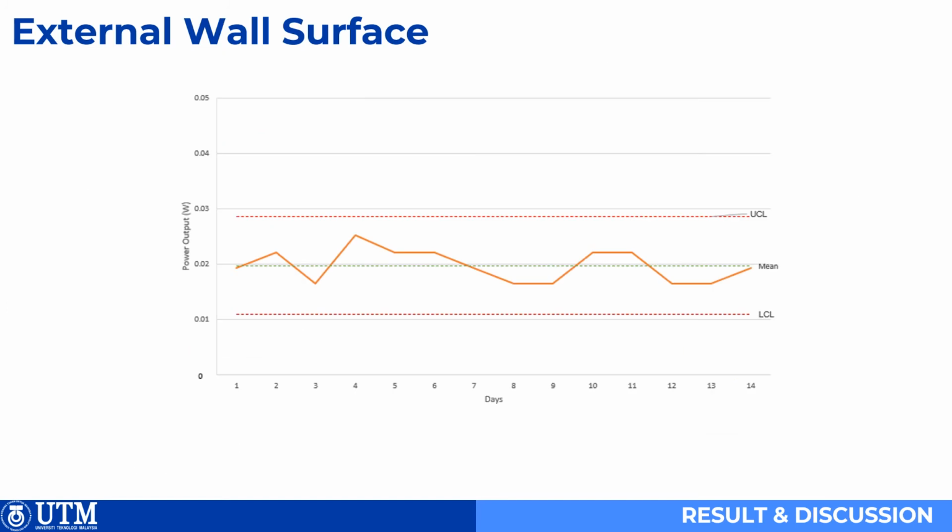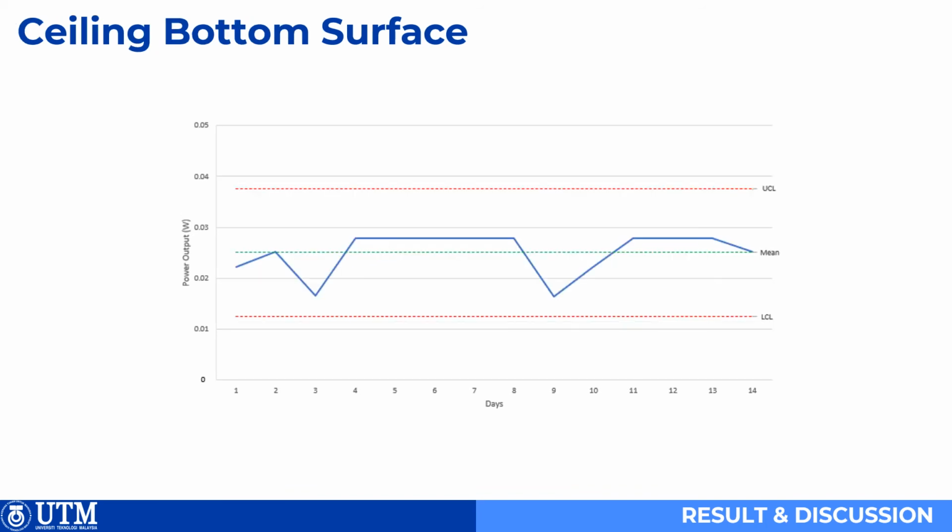At the external wall surface, the output power generated throughout 14 days has a mean value of 0.02 watts and a standard deviation of 0.3%, with the highest power output produced being 0.025 watts. For the ceiling bottom surface, we obtained a mean value of 0.025 watts and a standard deviation of 0.4%, with the highest output produced being 0.03 watts.